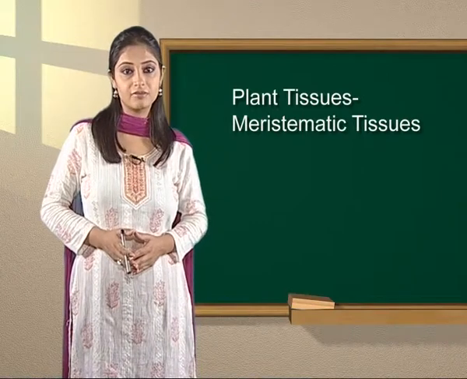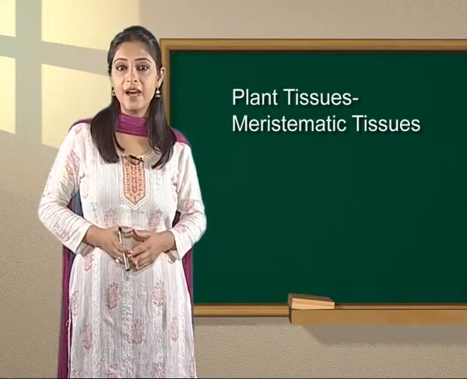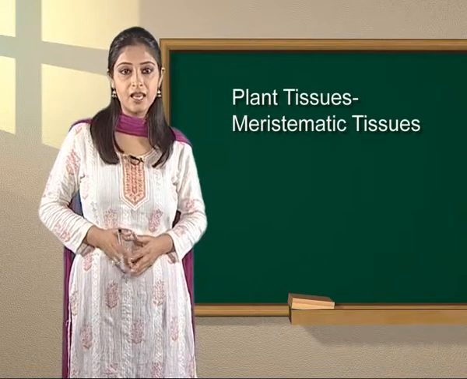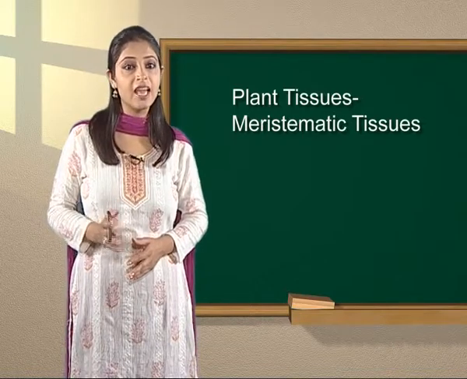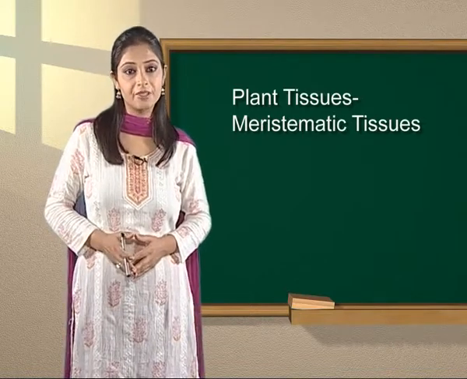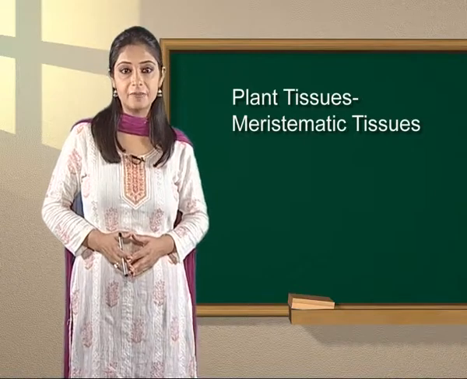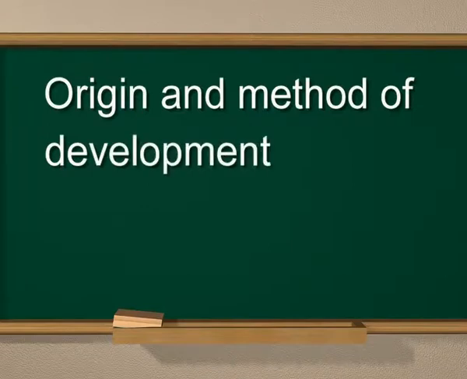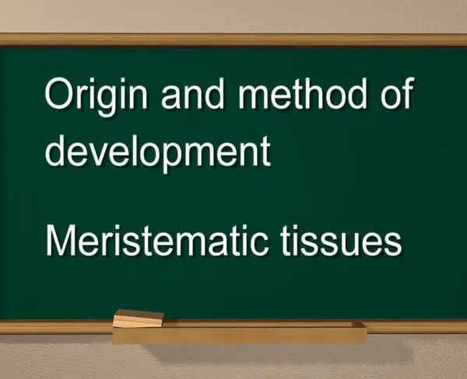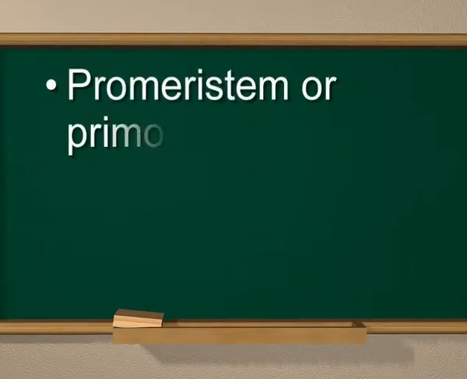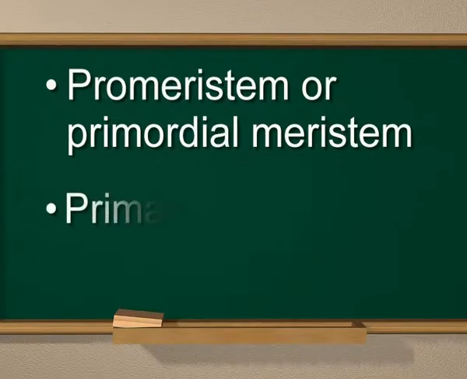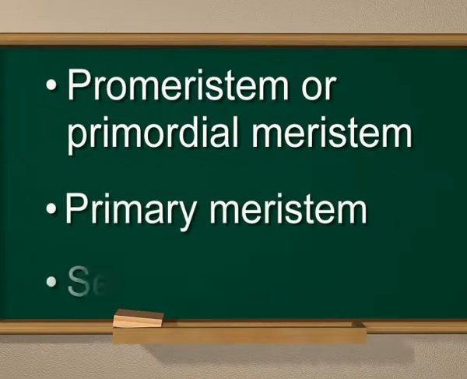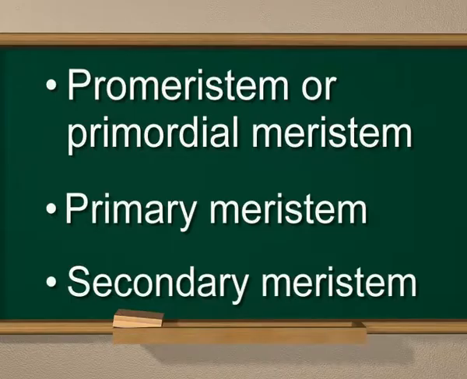Next question: how can you classify the meristematic tissues according to their origin and method of development? Answer: based on origin and method of development, meristematic tissues can be classified into three types. These are promeristem or primordial meristem, primary meristem, and secondary meristem.